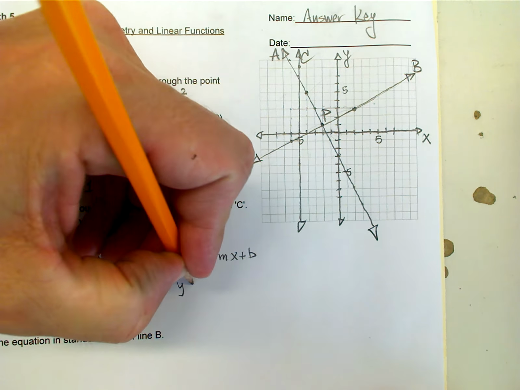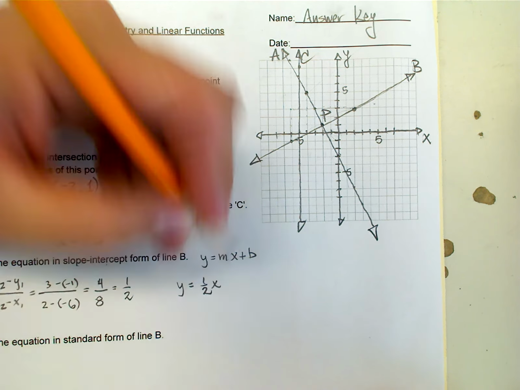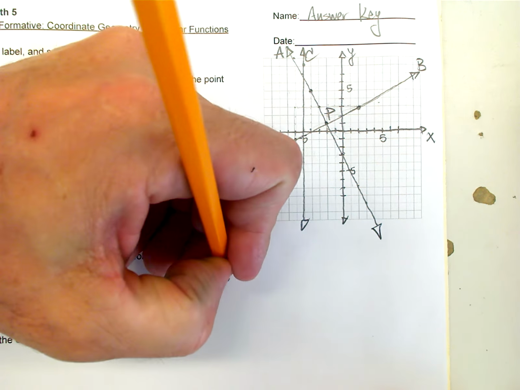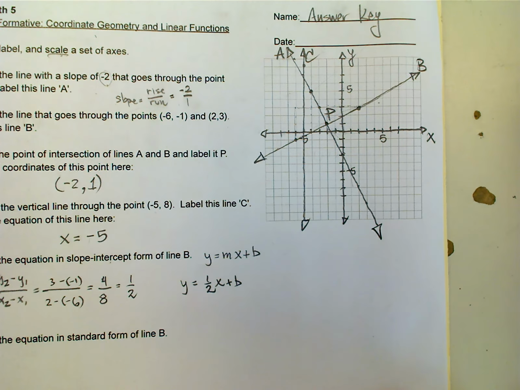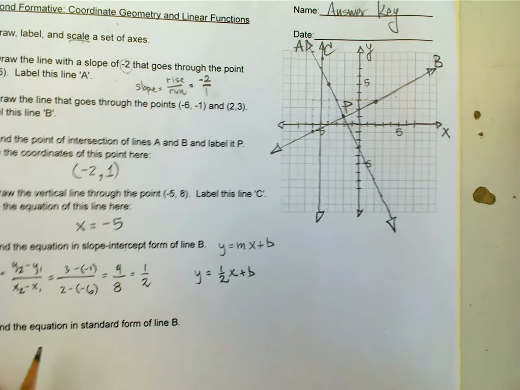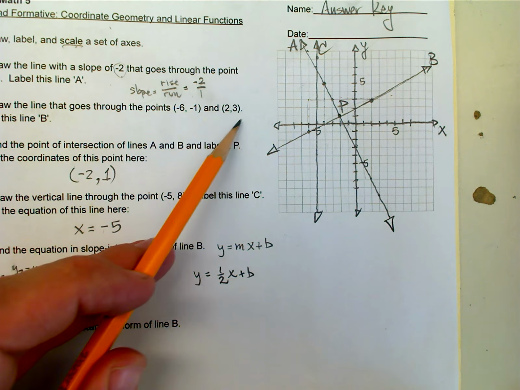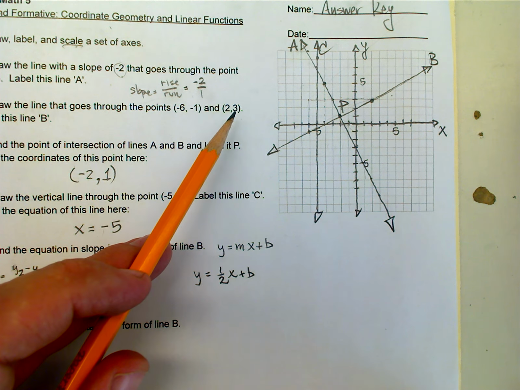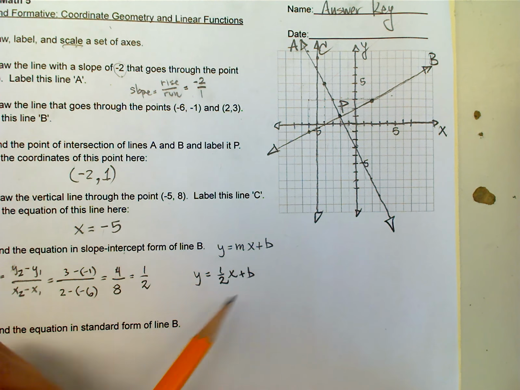I can just plug in my slope here, 1/2 x. I just got my slope there, and I'm just going to leave this as a b. And I don't know what b is yet exactly. I have my hunch that it's probably about 2. But now let me just take a point that I know is on the line, x equal to 2, y equal to 3. And I'm going to plug that in here.